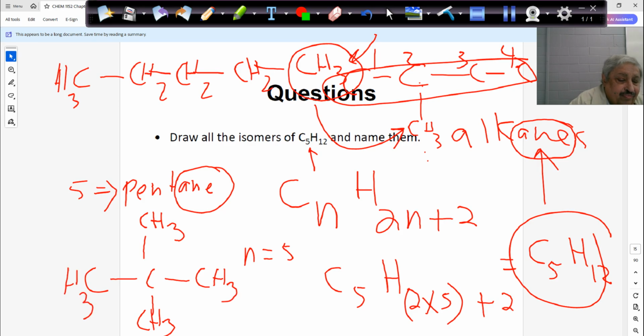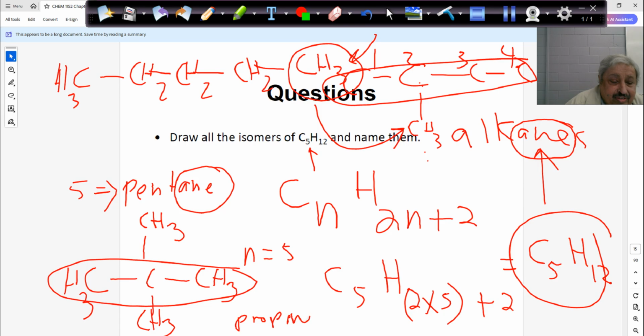That's still 5. And the skeleton here, the main skeleton is propane, 3, propane. But then I have the propane from one side of that. 1, 2, correct? So this is 1, 2 dimethyl, because you have 2 methyl groups, dimethyl propane.